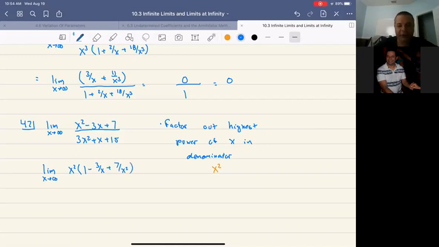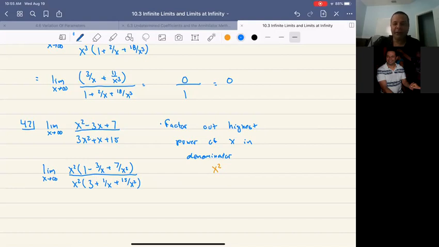I just want you to recognize that x squared times 1 is this x squared, x squared times 3 over x is this 3x, and x squared times 7 over x squared is this 7. And then in the denominator, factoring out x squared, we get 3 plus 1 over x plus 15 over x squared.